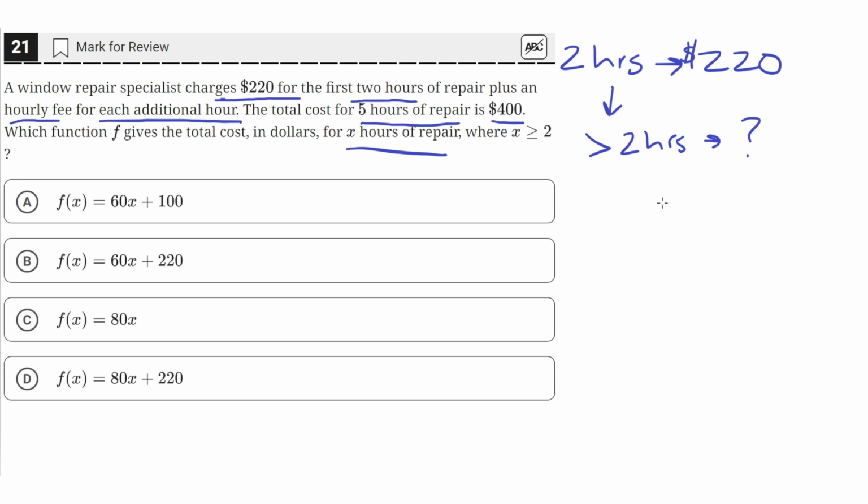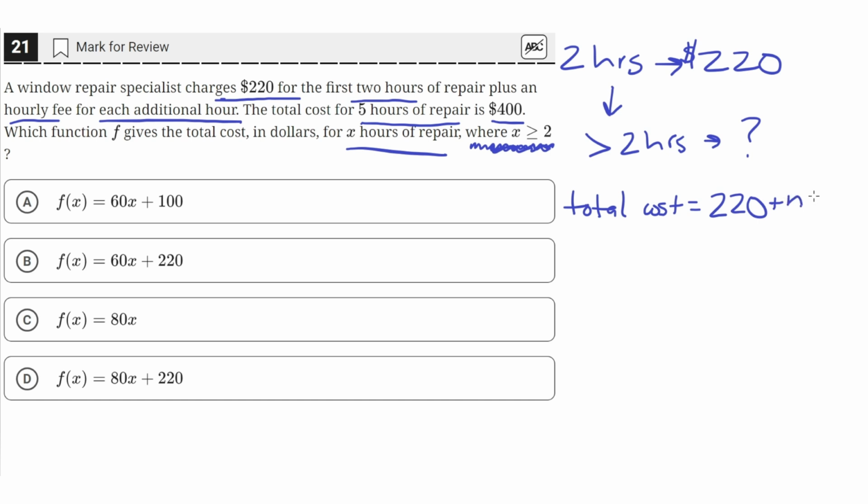Okay, we can represent this by, let's say that the total cost is equal to $220, since we will be greater than or equal to 2 hours, so we will always be charged the $220 plus some hourly fee for each additional hour.